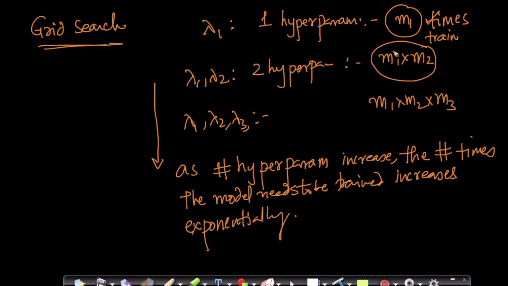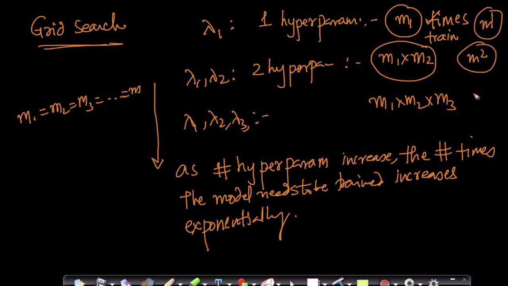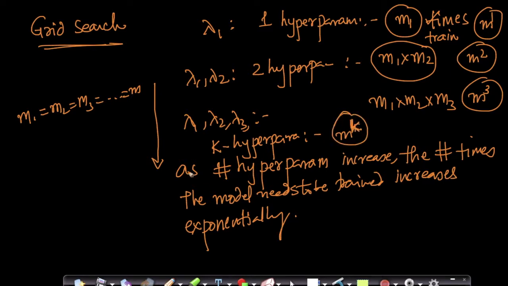Look at it. If M1, M2, M3, all of them are equal to M, then this is M power 1, this is M square, this is M cube. And if you have K hyperparameters, you have M power K times that you have to train the algorithm and test.